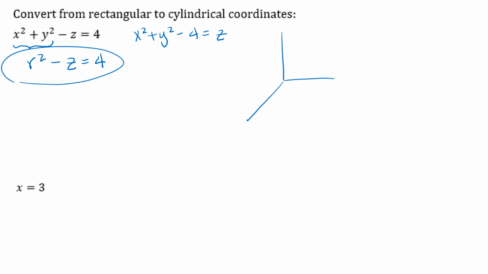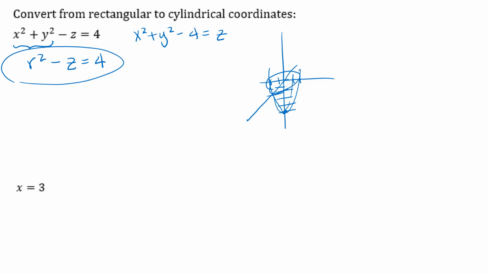This is a paraboloid. The traces in the yz plane and the xz plane are parabolas that intersect the z-axis at -4 and open up. And then the trace in the xy plane, when z equals 0, is a circle of radius 2. So this is a circular paraboloid.